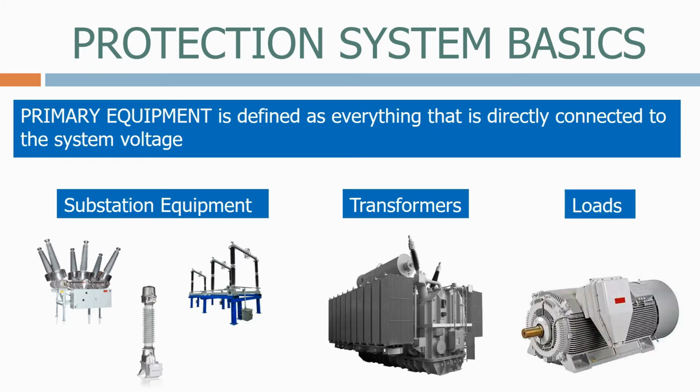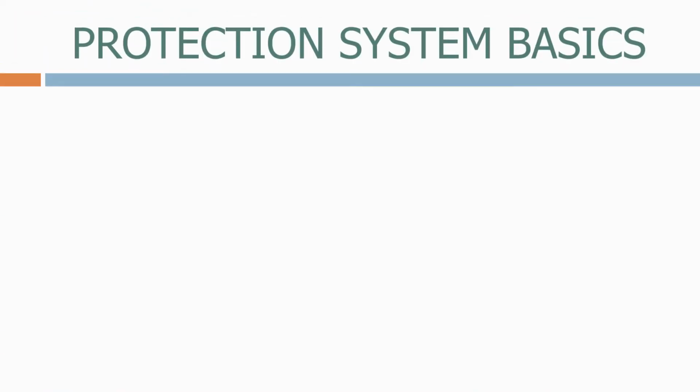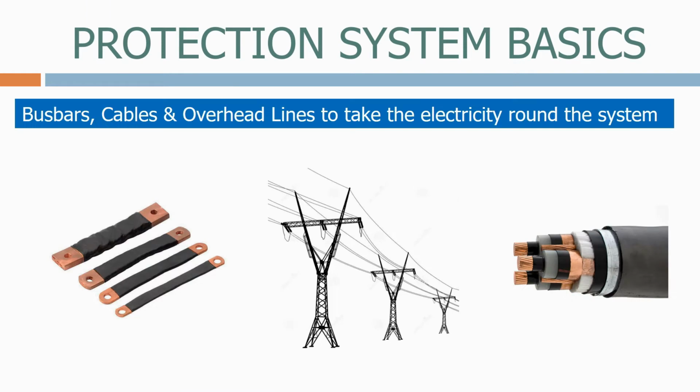And finally, loads: motors, kettles, washing machines. They use up the electrical energy of the system. Bus bars, cables, and overhead lines take the electricity around the system.